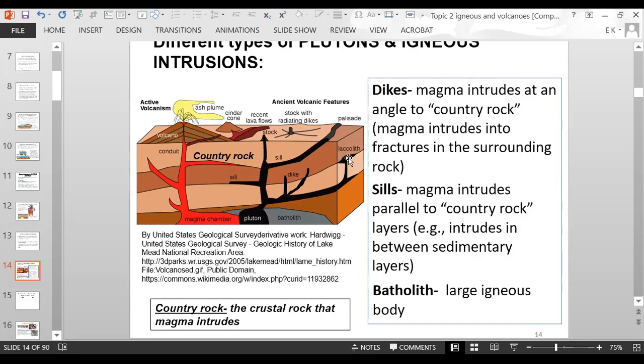Okay, so when an intrusion starts to inject between layers but then domes upward, it is called a laccolith. Okay, so basically a sill that creates a dome. Yeah, so it domed a little bit within that sill. Okay, yeah, that was perfect. Definitely more simplified than the textbook, I think.